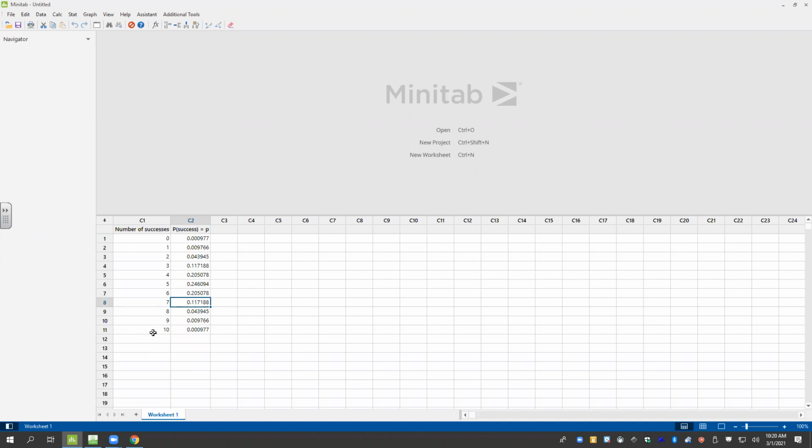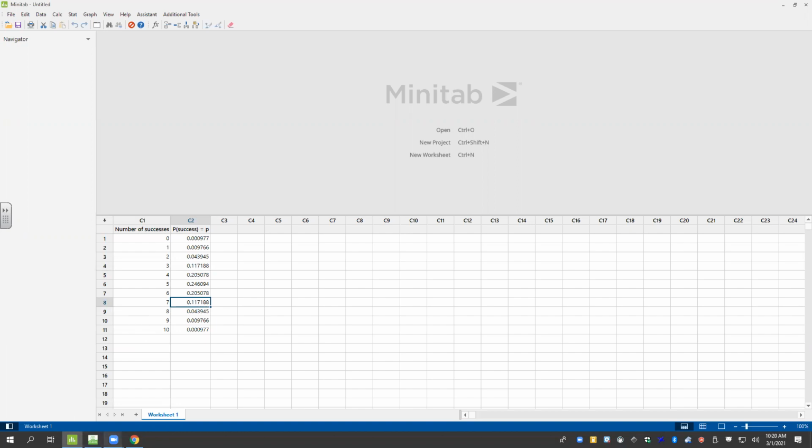So I would type 0.11788 plus 0.043 plus 0.009766 plus 0.000977. Okay, guys, if you're typing them in, please be extra careful. Okay, so we took the values, and again, I'll make you some notes here.